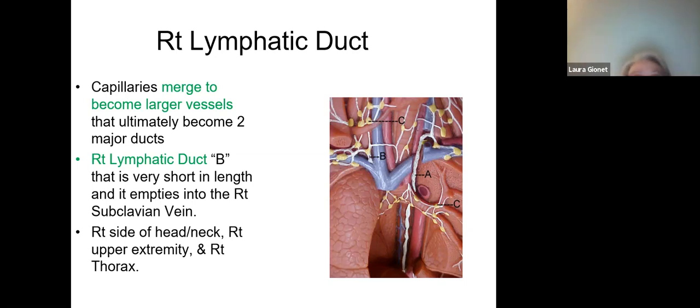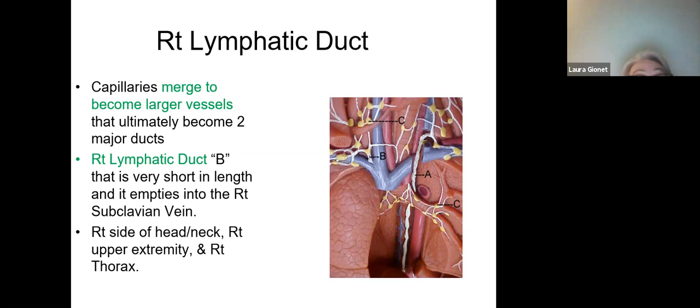For instance, the right lymphatic duct is not transporting lymphatic fluid from the right leg, the right abdomen, the right arm, and the right side of the head, and the left leg, left arm, left side of the head to the thoracic duct. The right lymphatic duct is transporting lymphatic fluid from a much smaller, comparatively, area of the body. It transports lymphatic fluid from the right arm, the right side of the head, and essentially the right chest.